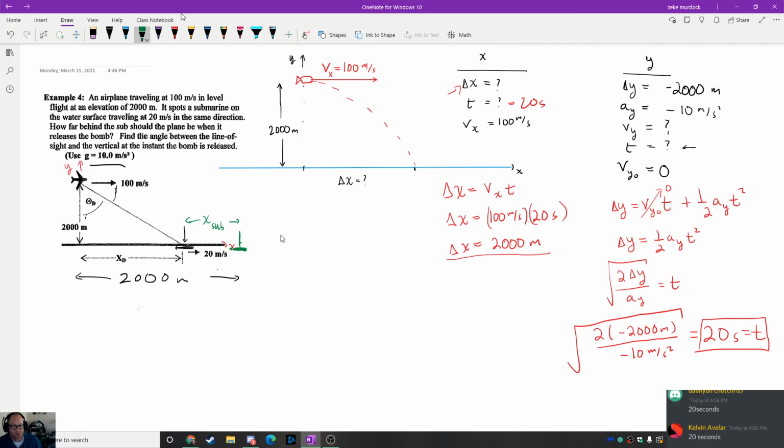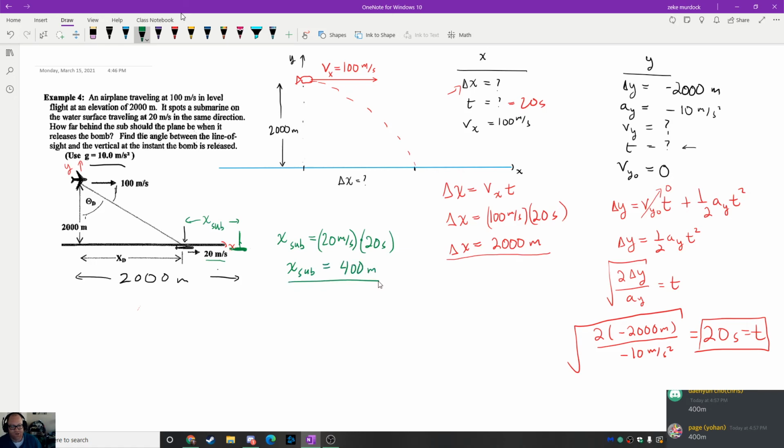So the distance the sub is going to travel, if it's moving at 20 meters per second, is 400 meters. You take 20 meters per second, the constant velocity of the sub, and multiply by 20 seconds, and you get x sub is 400.